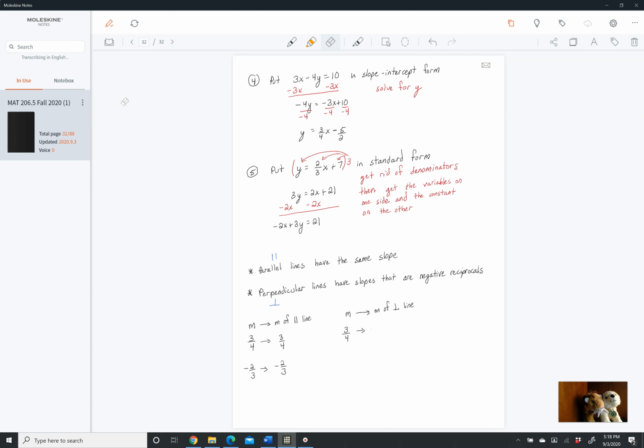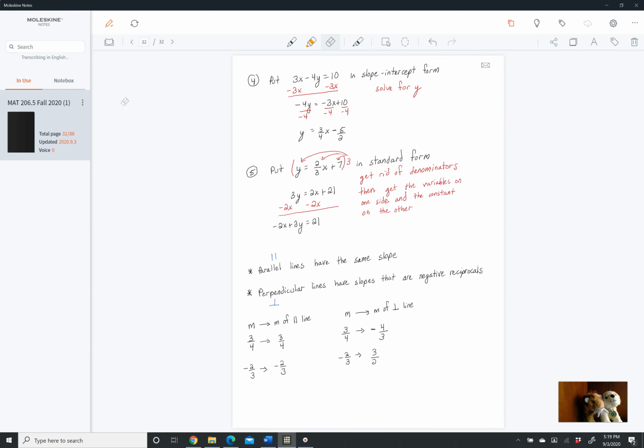So 3/4 now has a negative sign in front of it, and we flip it. So it becomes -4/3. -2/3? Well, here it's the negative reciprocal. So if there already is a negative sign, then you take the negative sign away. So it's positive, and you flip it.